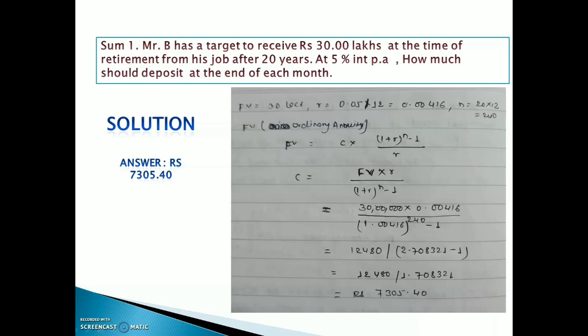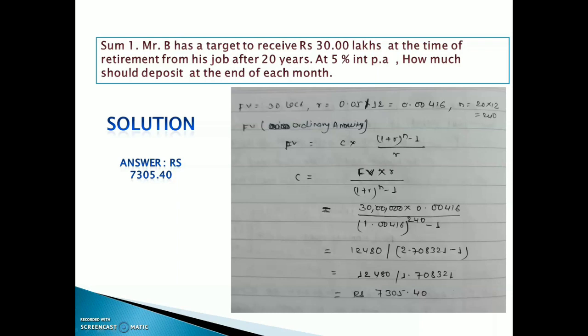Do not worry about the power 240. It is very simple when you use a calculator. We will show you how to calculate this power. Now the result after solving, we will get the value 7,305.40 rupees.